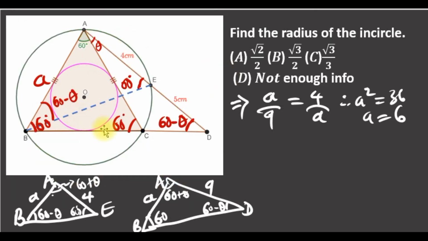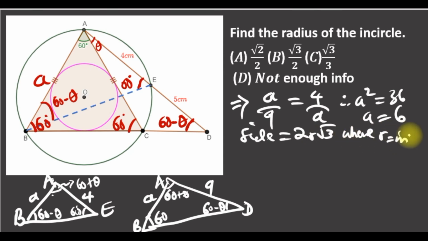So since we've known the side of the triangle to be 6, from what I've just said now, the side of the triangle is 2R times root 3, where R is the inradius. So we substitute A is 6, so we have 6 equals 2R times root 3.